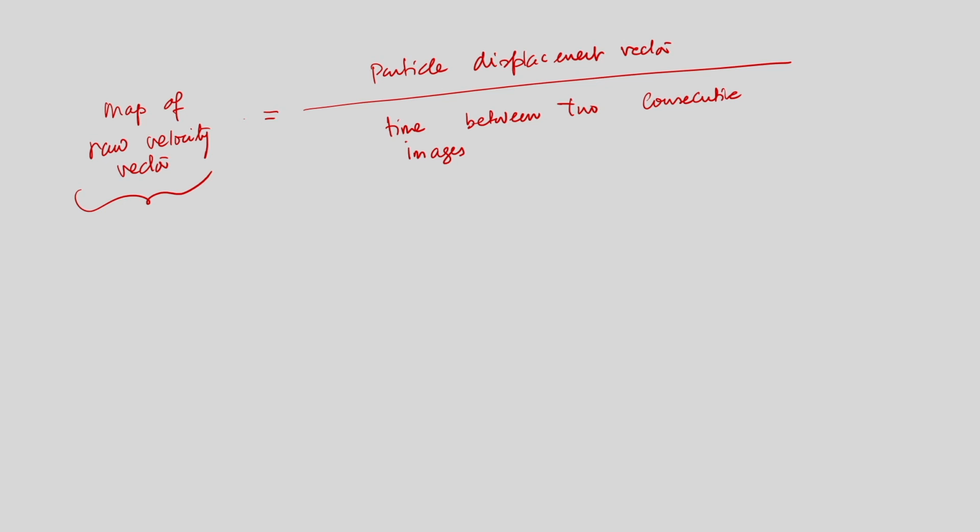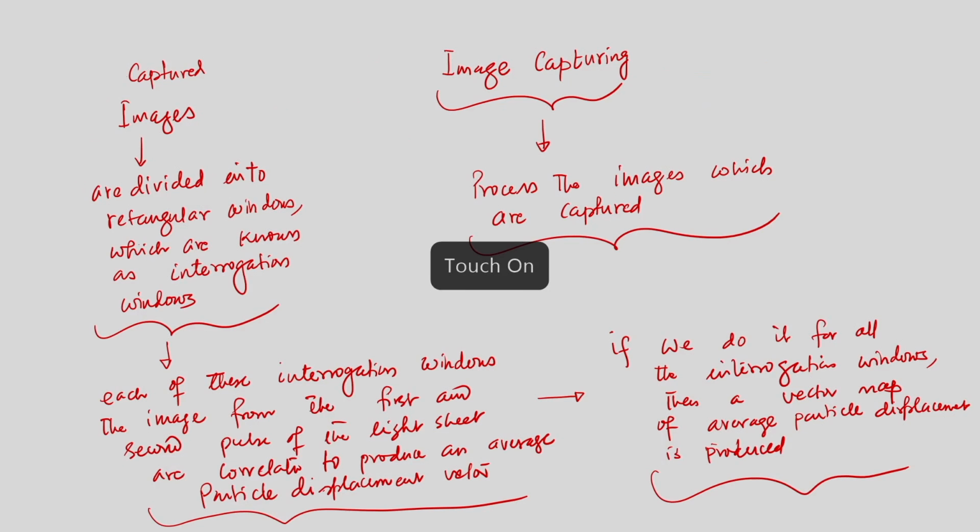If we go to the previous slide, to produce a displacement vector, for each of these interrogation windows, the images from the first and second pulse of the laser sheet are correlated to provide the average displacement vector.